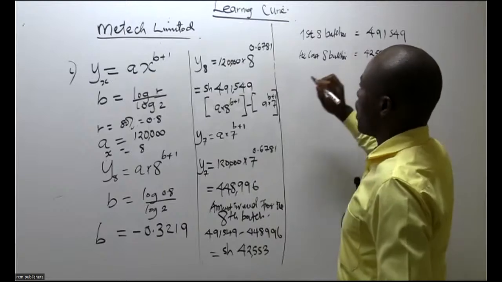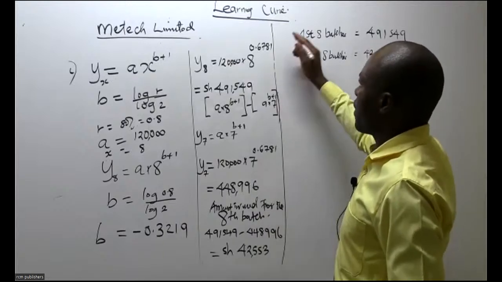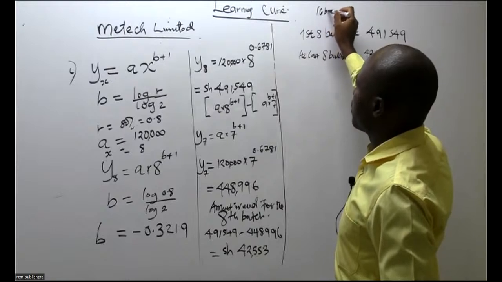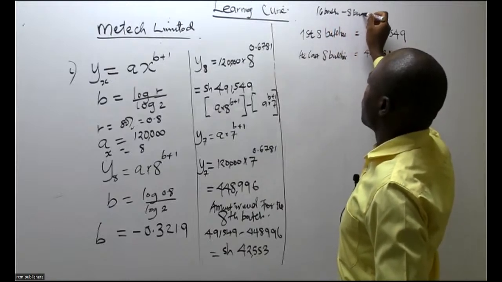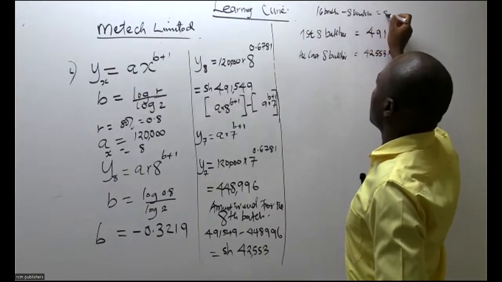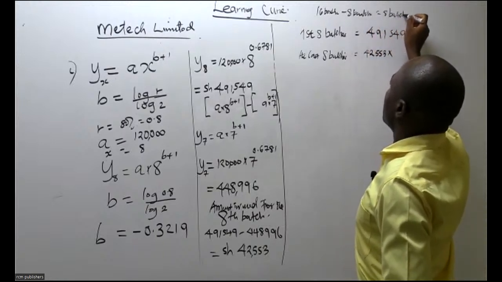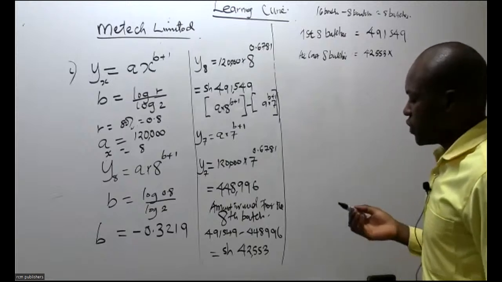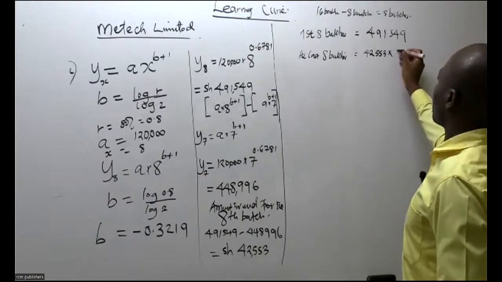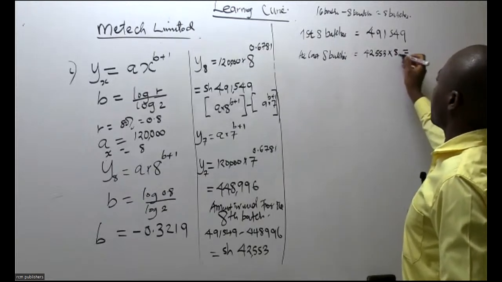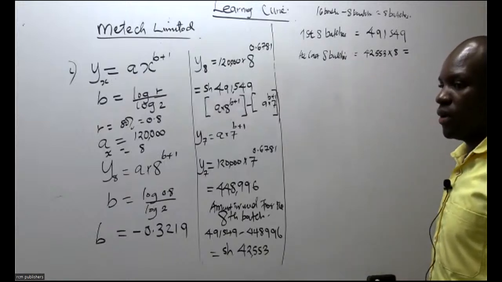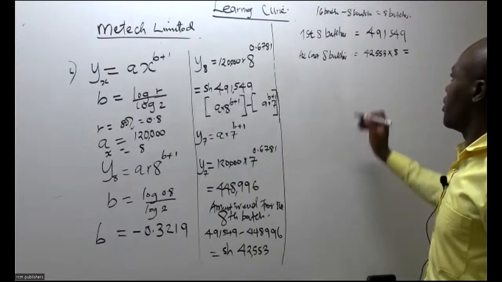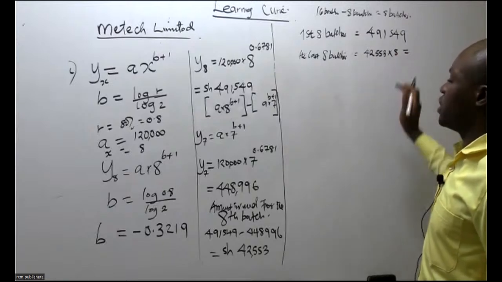We multiply by how many batches are remaining. The life of the project has got 16 batches. We've produced 8 batches. So we have a balance of 8 batches. So let's go ahead and get the total cost you are going to incur to produce the last 8 batches. How much will you incur? 42 times this. How much will you incur?